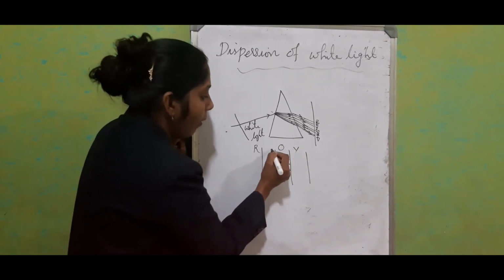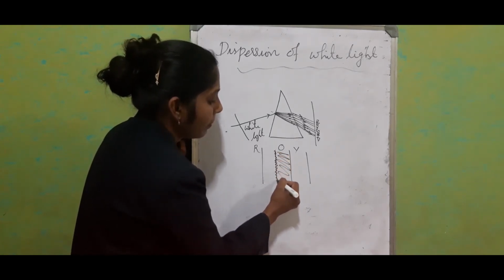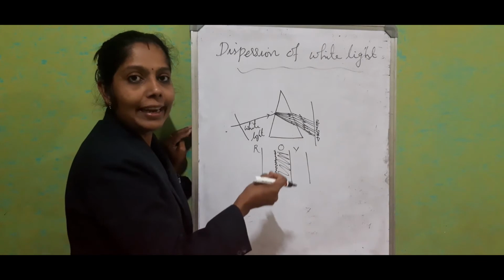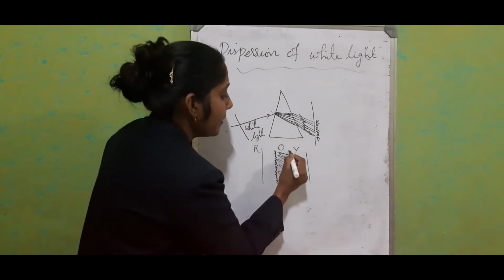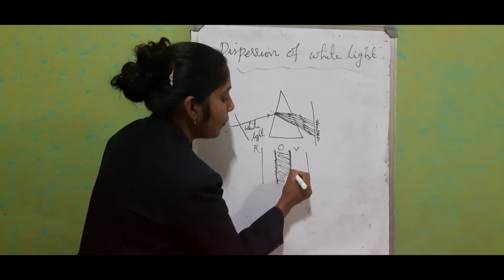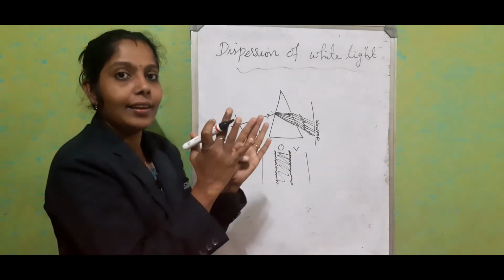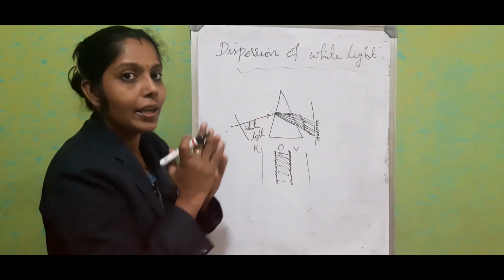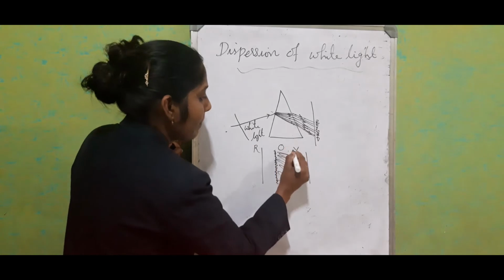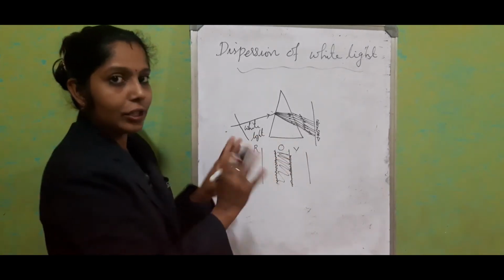Where orange and red come together, they blend, so you will get a combination of red and orange here. Where it comes here, you will get a combination of orange and yellow. The colors merge only on the edges. There won't be a boundary like only orange here and yellow there. It's not like that.